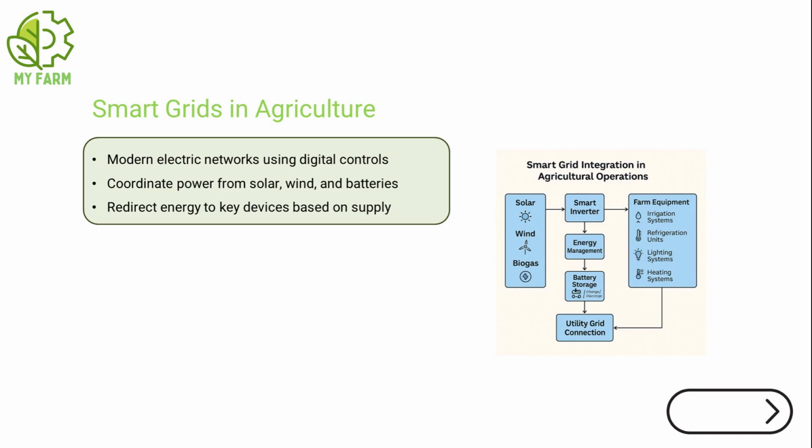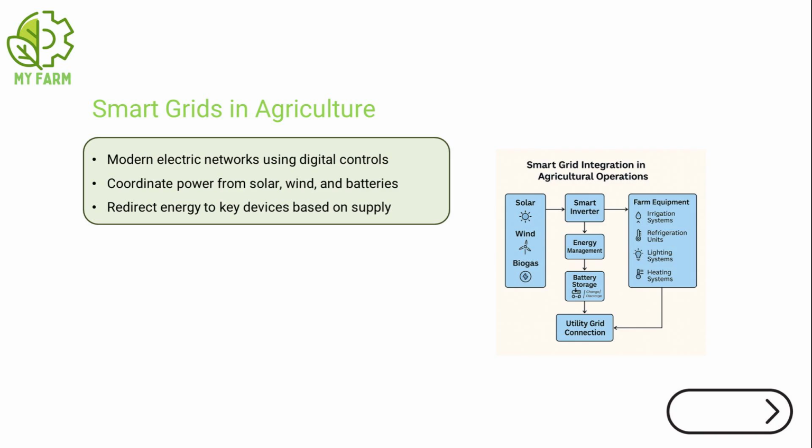In agriculture, smart grids bring together solar panels, wind turbines, batteries, and other distributed energy sources into one coordinated and intelligent network. Sensors placed throughout the system constantly measure how much electricity is being produced, how much is stored, and how much is currently being consumed.